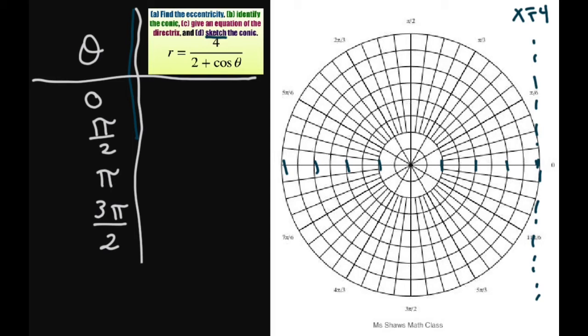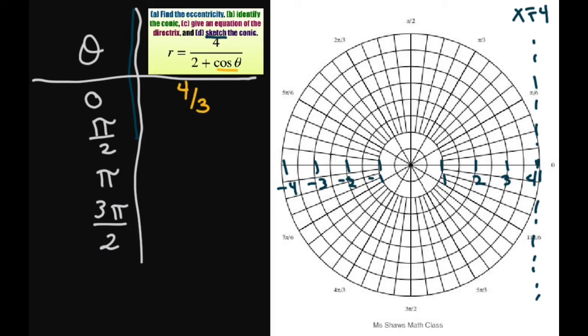I already did the directrix. I'm going by 1, 2, 3, 4. So this is -1, -2, -3, -4, like that. So at 0, cosine of 0 is 1. So you're going to get 4 divided by 2 plus 1. This will be 4/3.